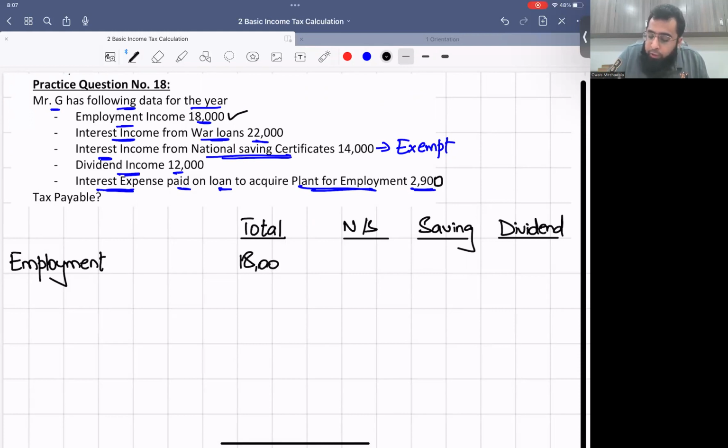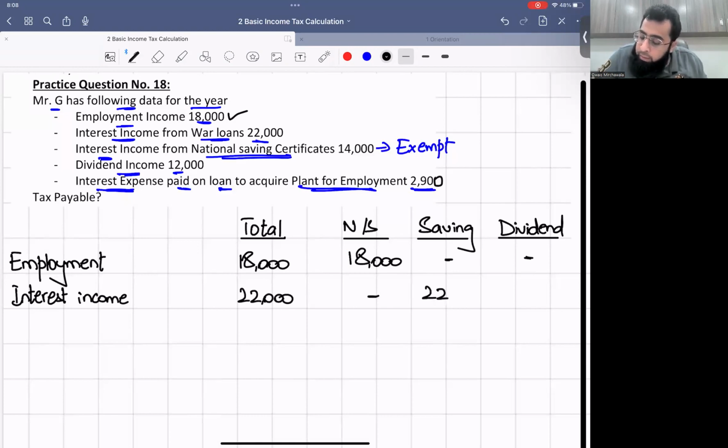I'll update it in total and in the column of non-saving. Then we have interest income. The interest income amount is 22,000. I will update it in total and it will go in the column of savings.